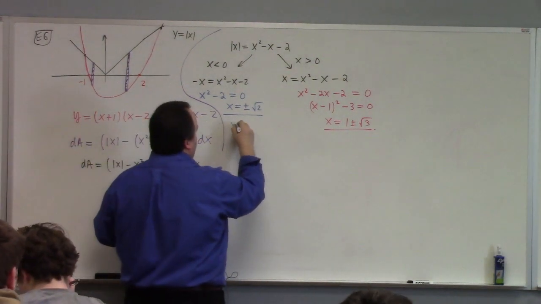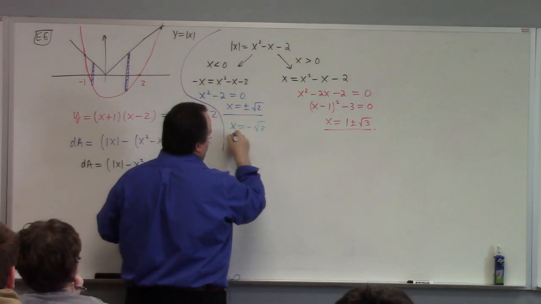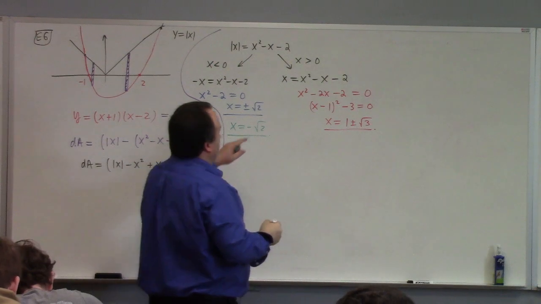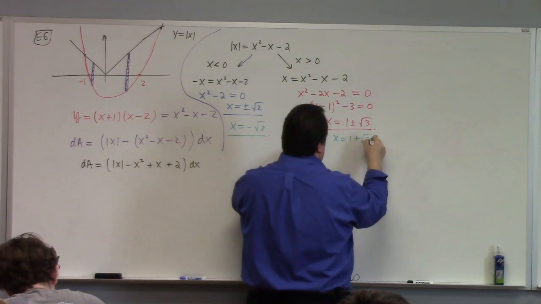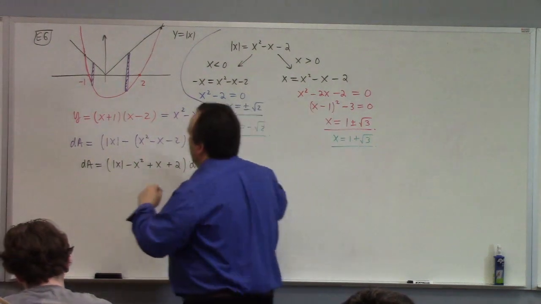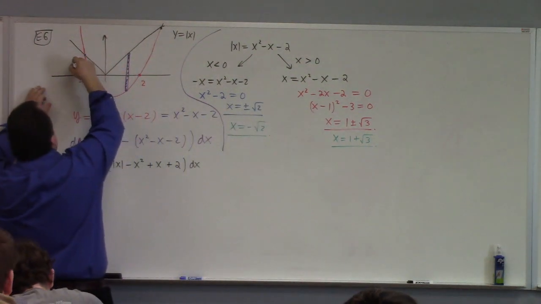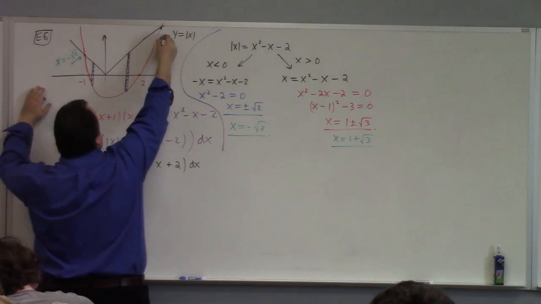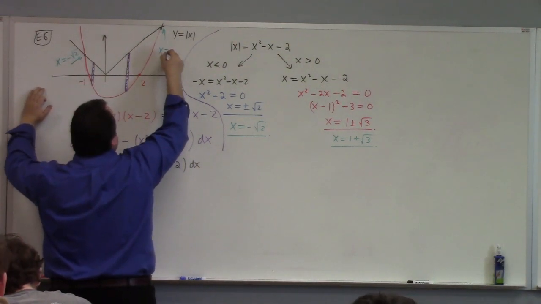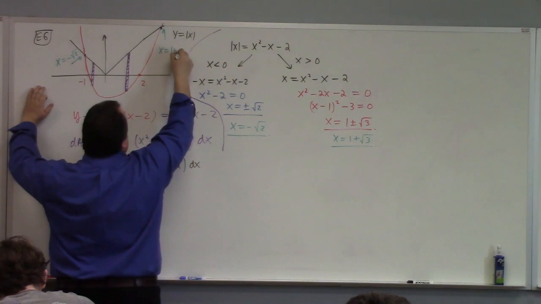So we choose x equals minus root 2 for that one. And here x is positive, so we choose 1 plus the square root of 3 for that. So there you go. This point of intersection is at x equals minus root 2. This guy up here is actually at 1 plus the square root of 3.